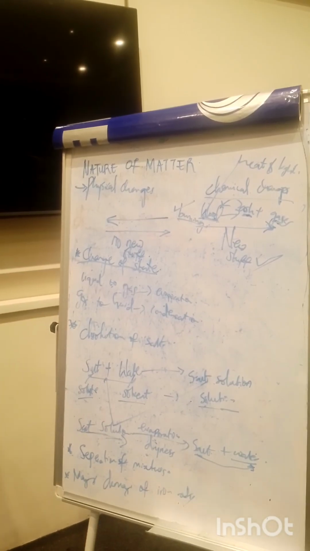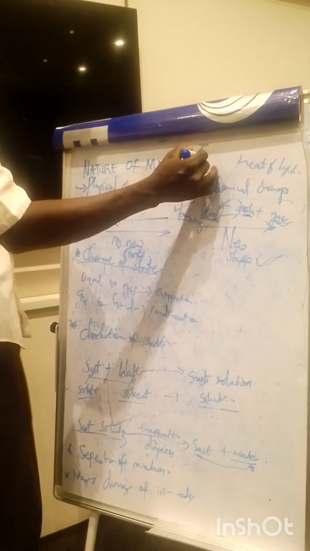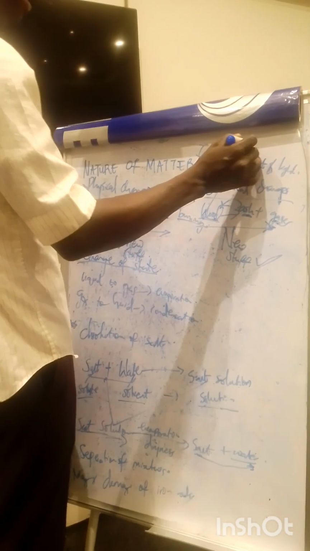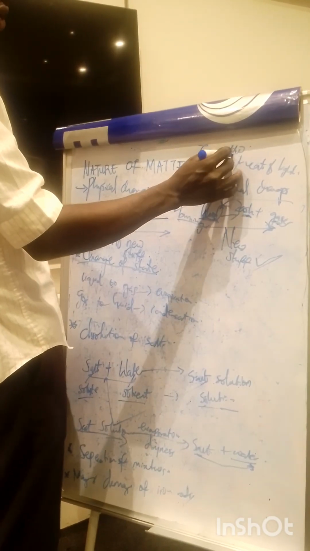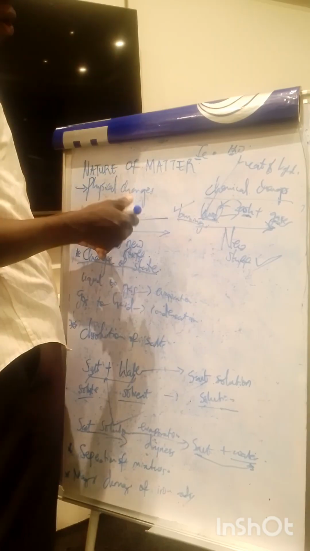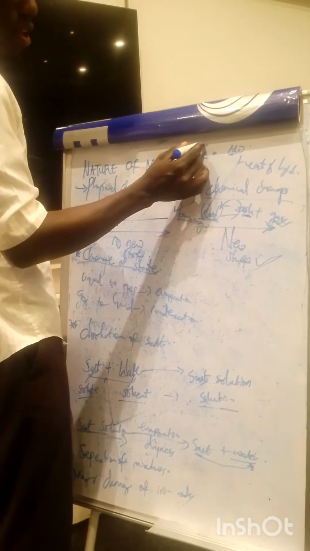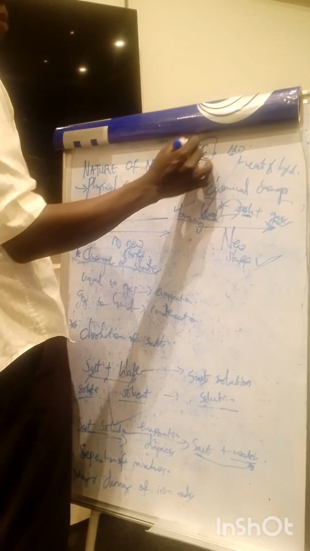Let's look at another example. We have rusting of iron. Are you with me? When iron rusts, it is due to water and moisture from the atmosphere affecting the metal involved.